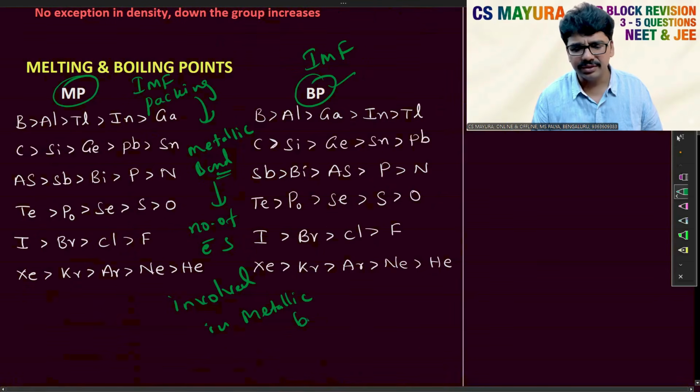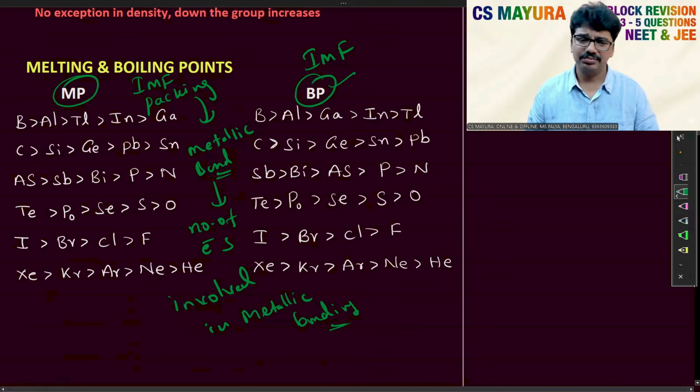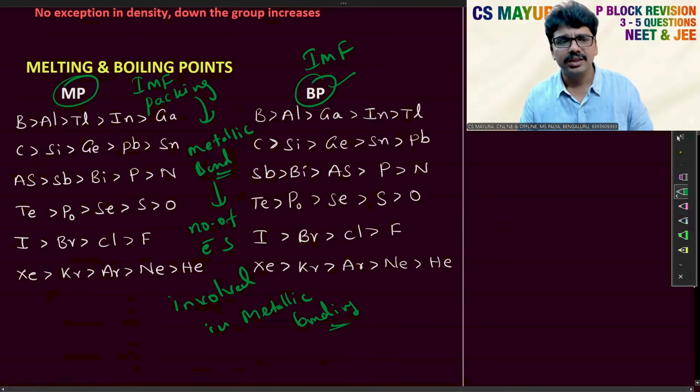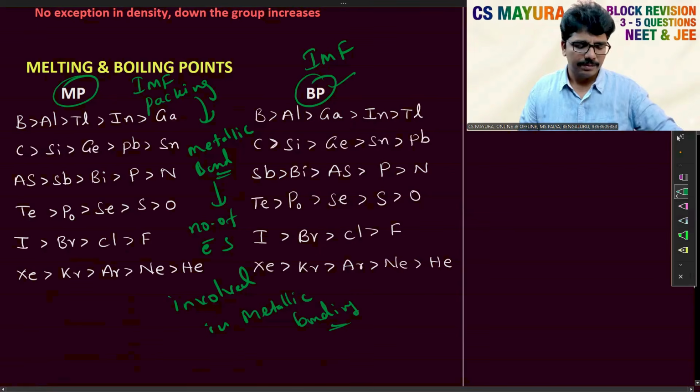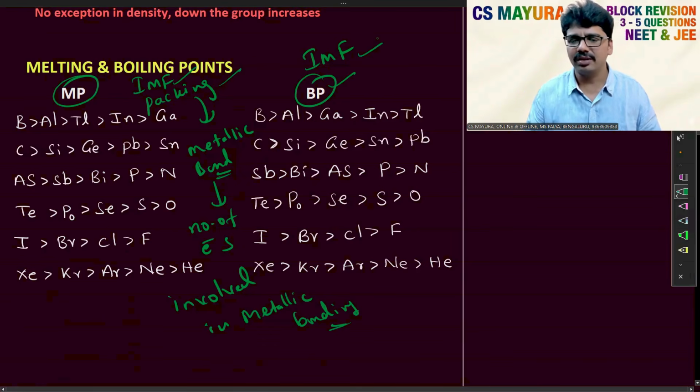If more number of electrons involved in metallic bonding, stronger metallic bond, and the packing is more, melting point is more. If less number of electrons involved in the metallic bonding, packing is less, bond strength is less, and melting point is less. So melting point depends on so many factors, intermolecular forces, the packing indirectly depends on metallic bond. But boiling point depends on intermolecular forces.